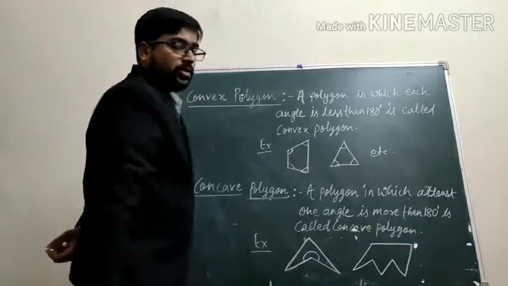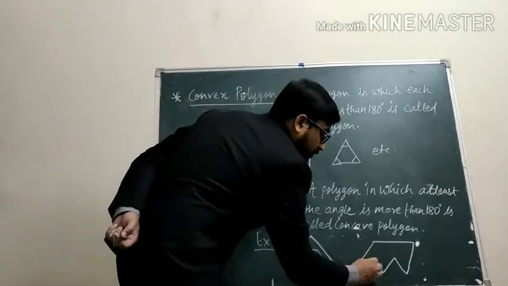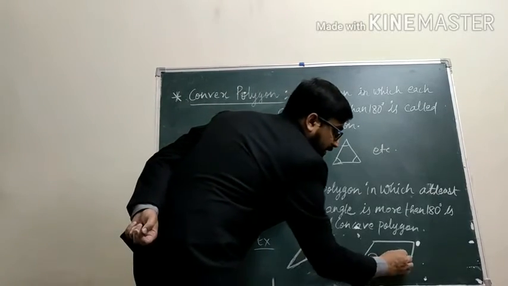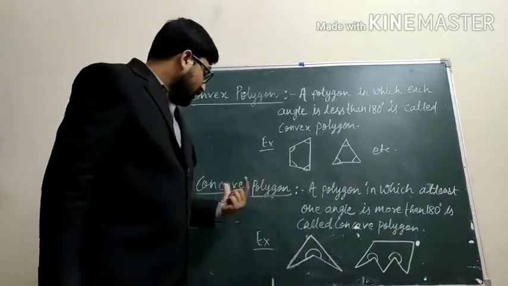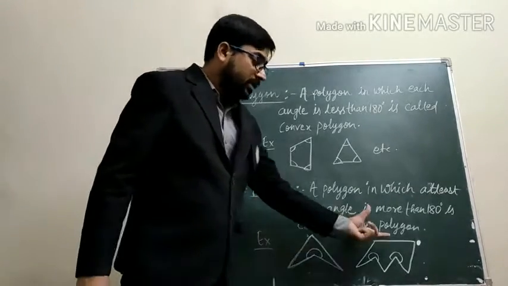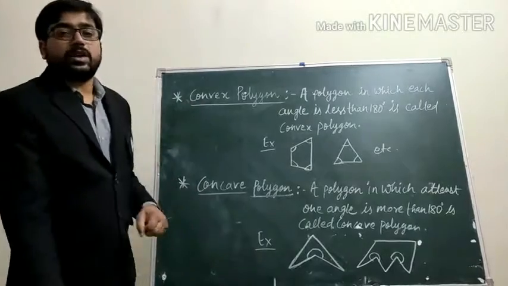This one is also a polygon whose this angle and this angle are greater than 180 degree. So this type of figure is called concave polygon.